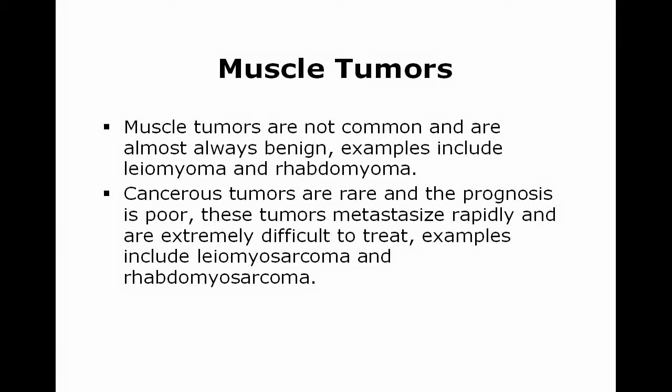The leiomyo being smooth muscle, the rhabdomyo being skeletal muscle. It's bad news with the cancer of the muscles. It's not very common, but the prognosis is very poor. They metastasize rapidly, and they are extremely difficult to treat. The most common site of metastases is the lungs.